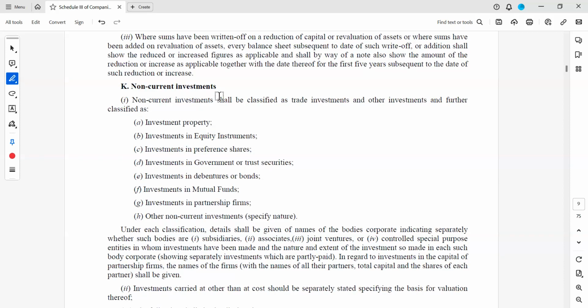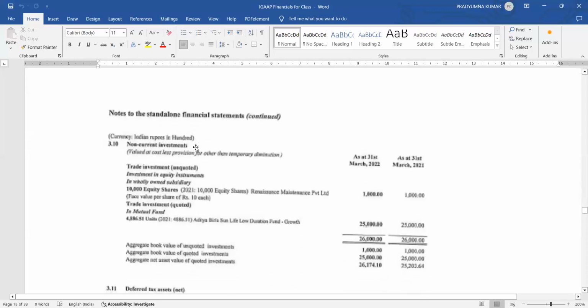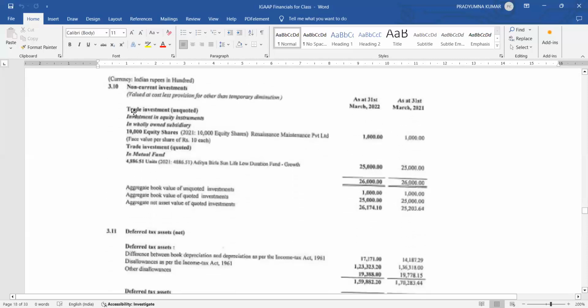Now coming to non-current investments. Okay, let me see non-current investments here. Yeah. Non-current investments, if you see, valued at, this is very important, valued at cost less provision for other than temporary diminution. See, this is very important. As per the standard, we have to disclose whichever is less, but which is not temporary in nature.